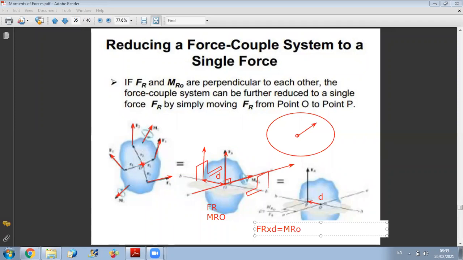Because when I displace this distance, just by having the single force, I can create the same effect about O, since my resultant will be Fr, and my moment about O will be Fr times D equals MRO. So what should be D to ensure equivalent system? D should be equal to the resulting moment about O over the resulting force. In this way, I was able to reduce my system of forces and moment to only one single force.